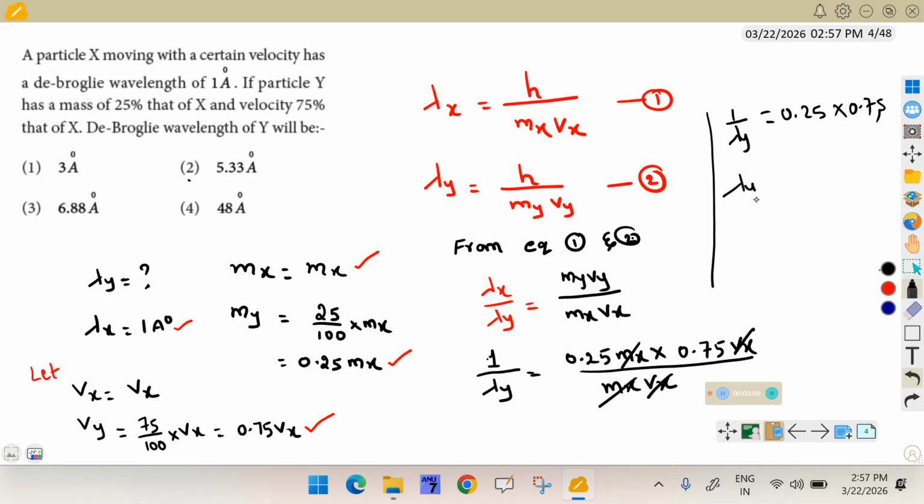Then lambda y is equal to 1 by 0.25 into 0.75. Now simplify this. Then you will get 5.333. The correct option is the second option.